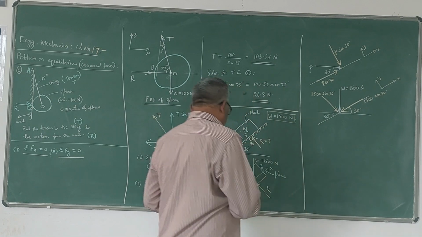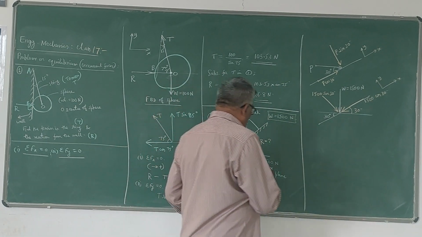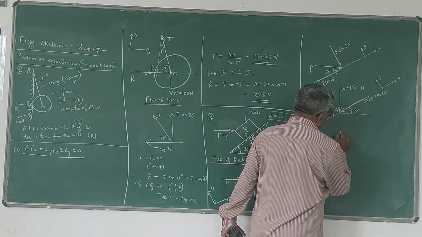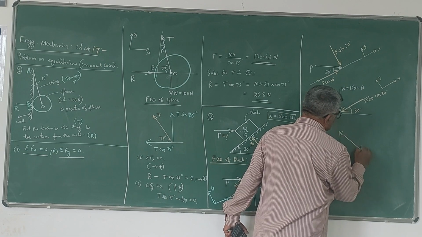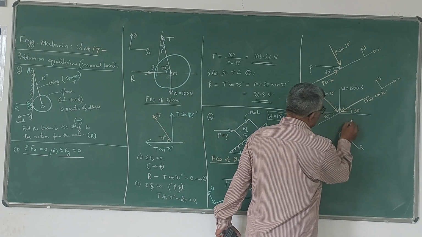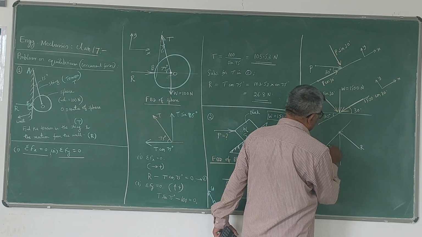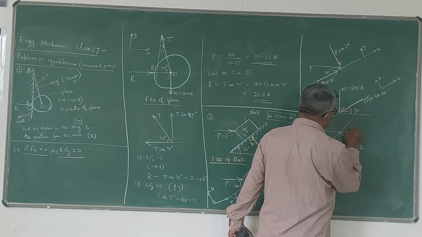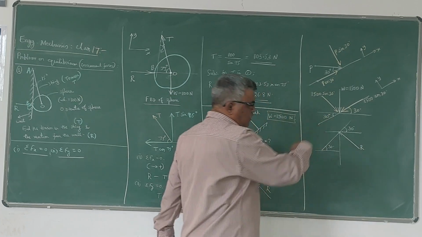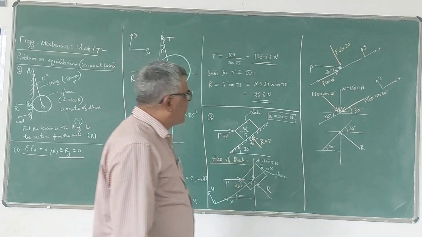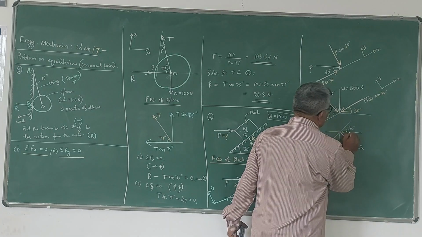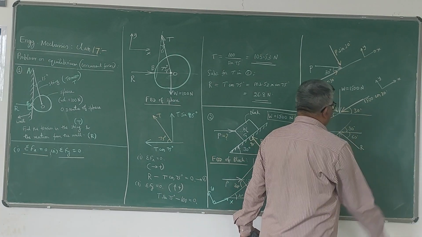Next, the third force is the reaction R. It is acting like this. This is R. Of course, he has given this 30 degrees, therefore this will be 30 degrees. Please check how I am writing. They are alternate angles. When this is 30 degrees, this becomes 60 degrees.